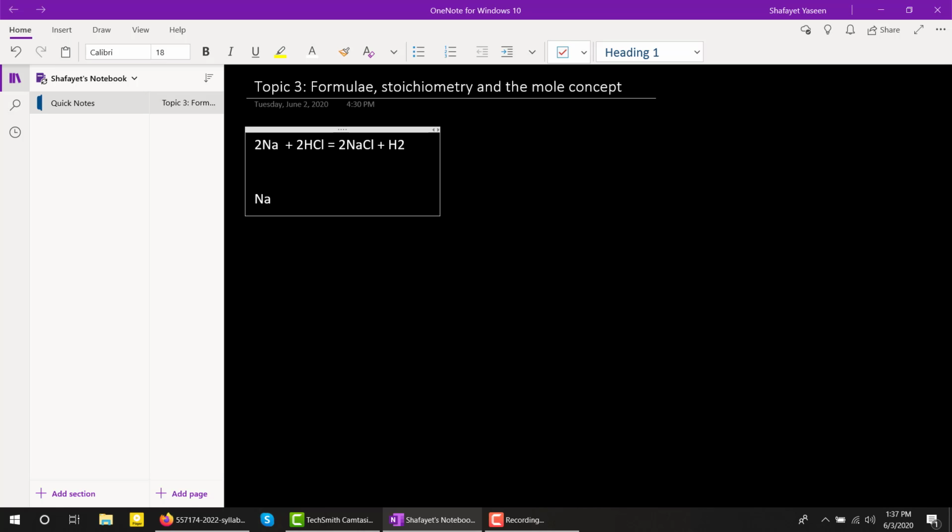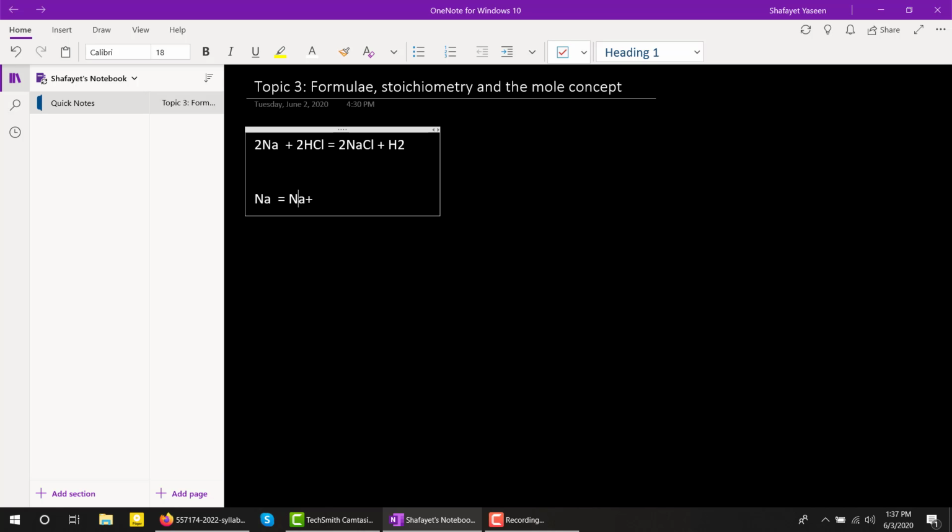Na will lose an electron. So basically Na minus an electron, I'm denoting electron by e, to form Na plus. We don't write it this way, we tend to write it on the other hand side.